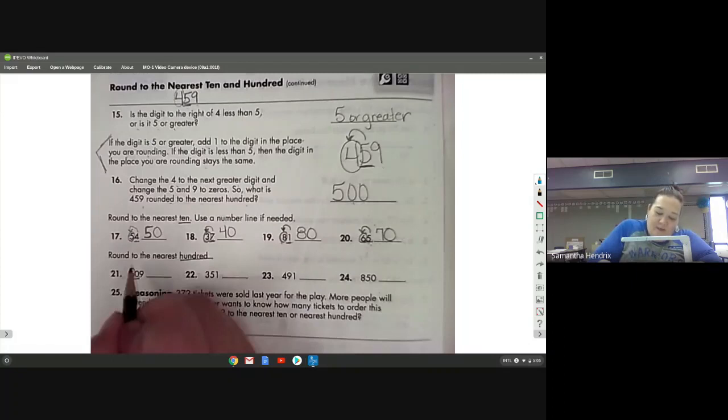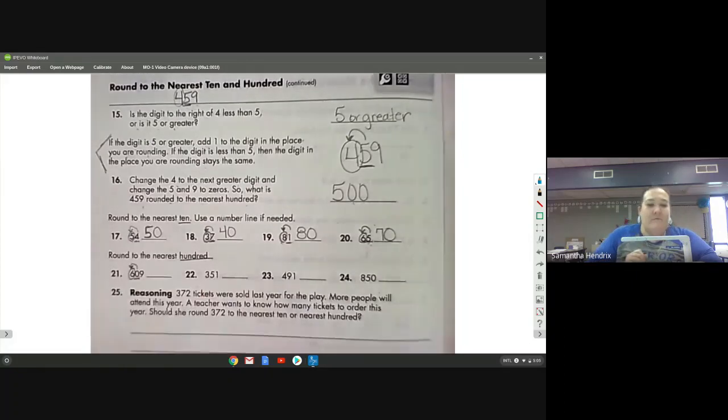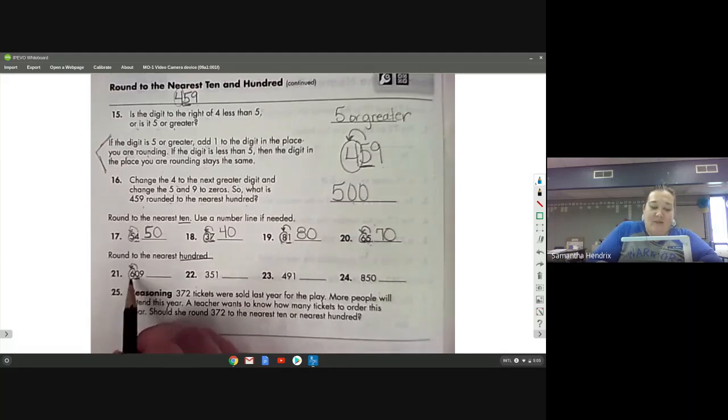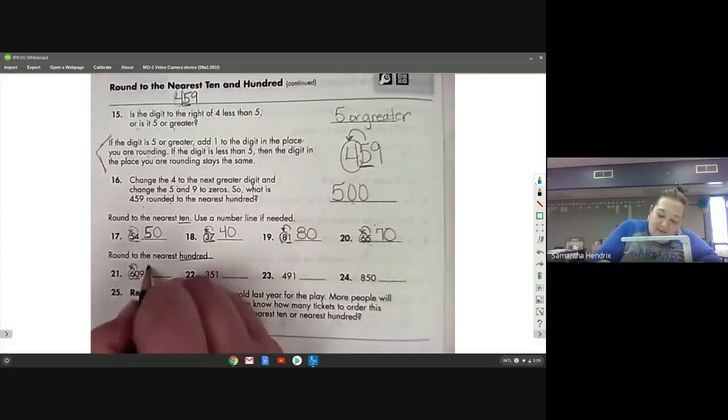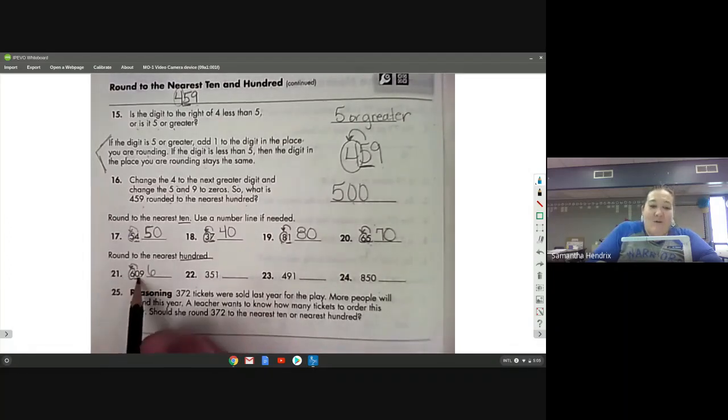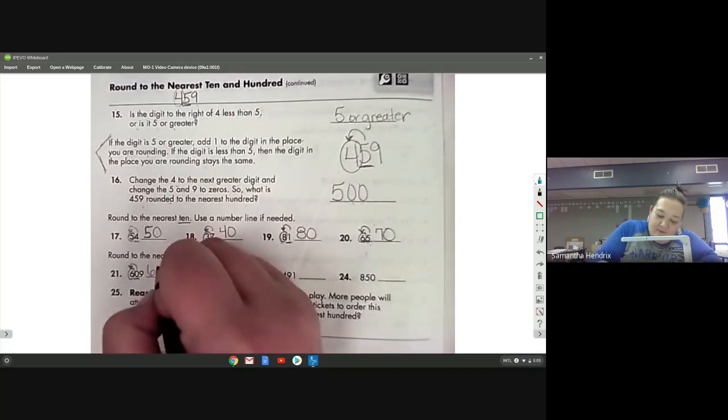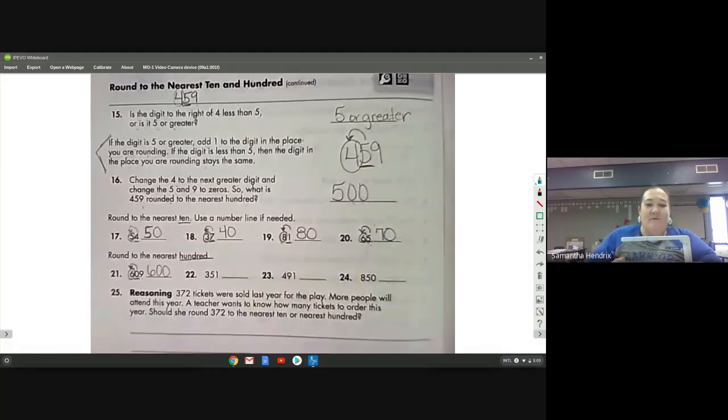Then I'm going to draw my arrows. So this 0, is it 4 or less or 5 or more? It's 4 or less. So this 6 is going to rest. And that 0, it bossed that 6 around. So it's going to take that 9 and they're going to run away. So we're left with 2 zeros.